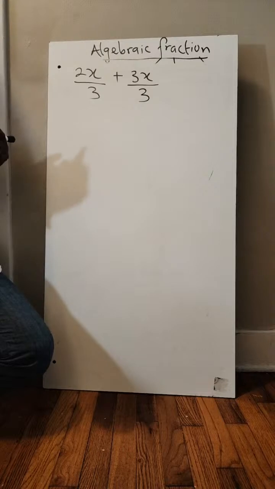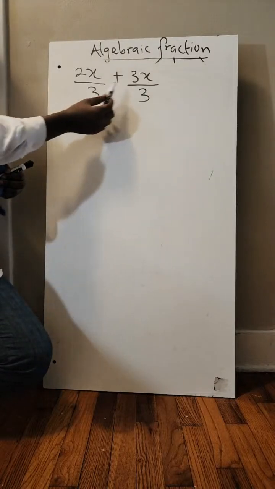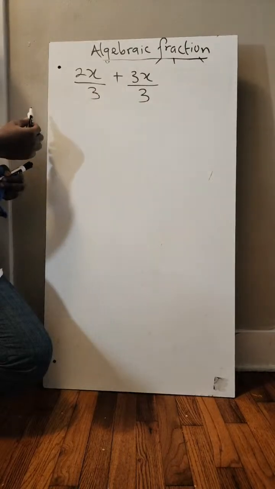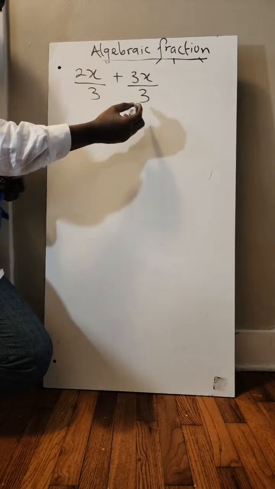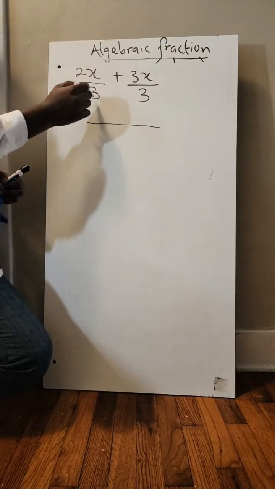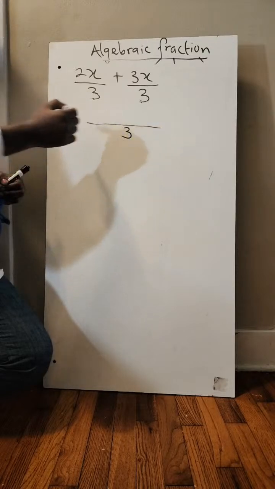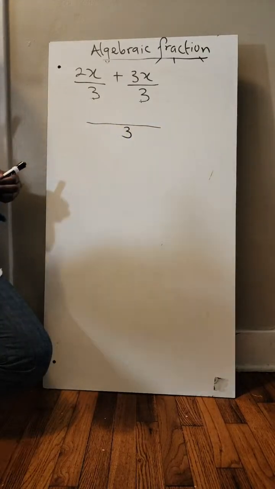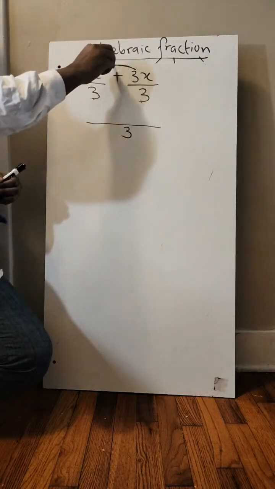Remember, in the last video I uploaded, I told you this rule. In this case, we are having the same denominator. And anytime you're having the same denominator, it is very easy. The LCM is just going to be the denominator. Just repeat the same denominator, which is going to be 3. Looking at the numerator, add the numerators together.